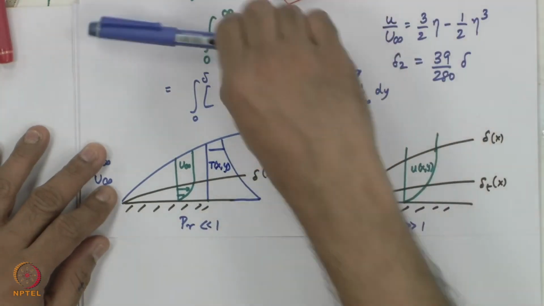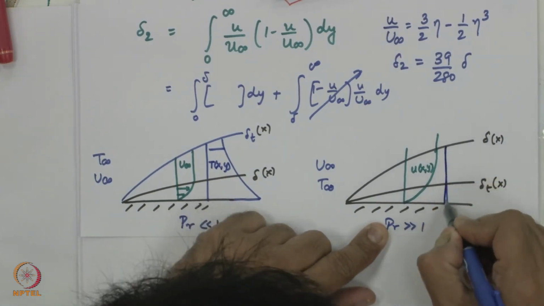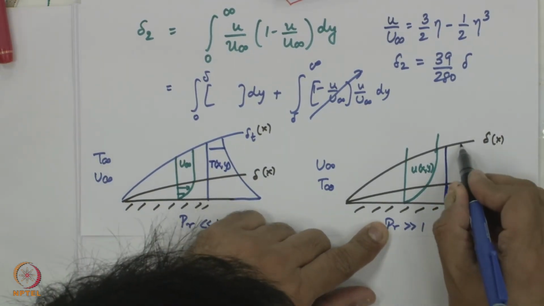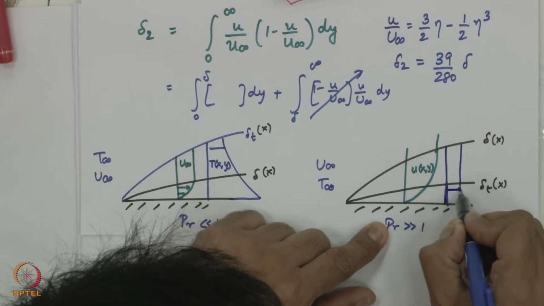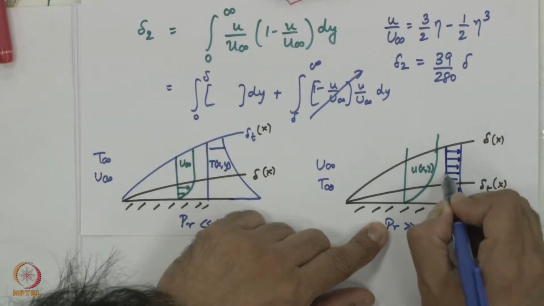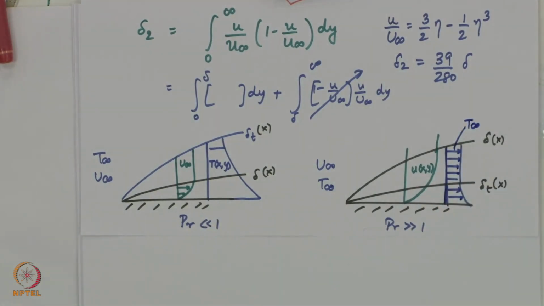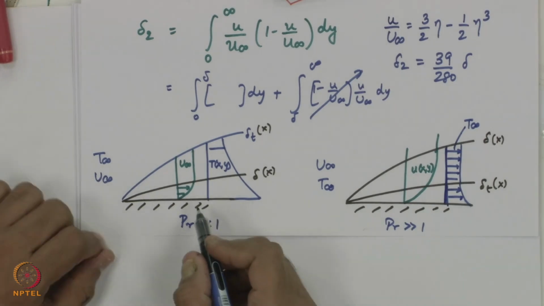What about the temperature profile here? Varying here, constant here. This is not drawn to scale, but this is T infinity constant. So, unless delta and delta T are growing at the same rate, which is valid only for a small range of Prandtl number, you can see where the complexity comes.